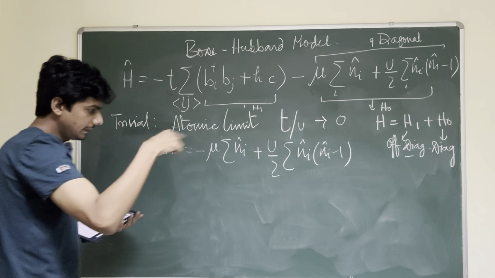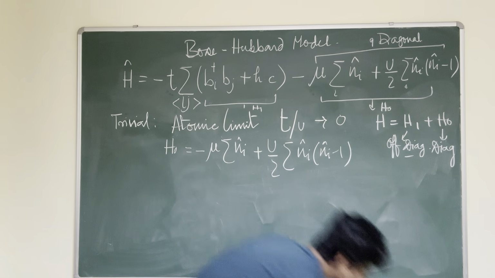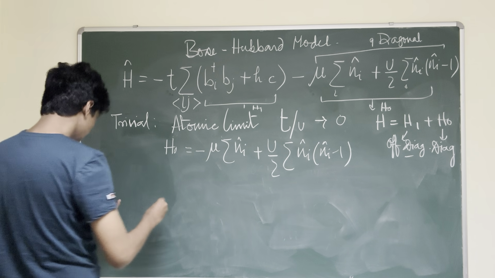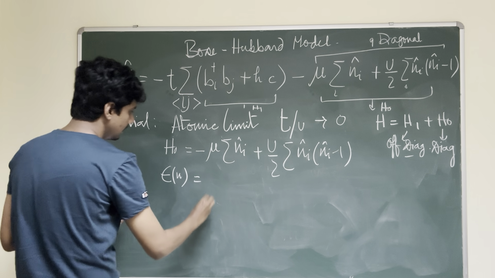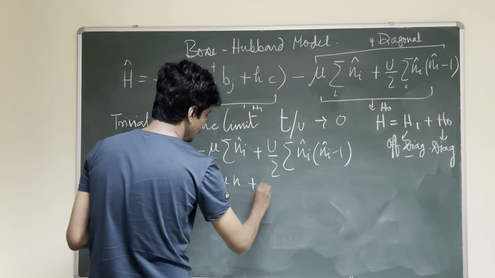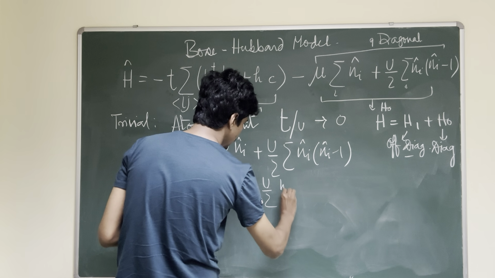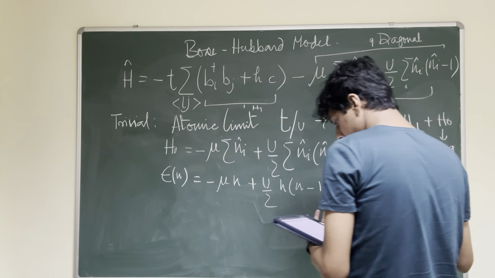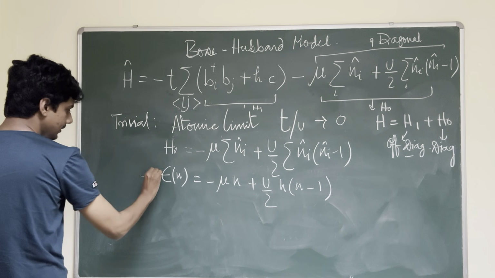If I take the Fock basis, the number basis set, then we find the energy epsilon_n is basically minus mu n plus U by 2 times n into n minus 1, where n belongs to 0, 1, 2 and so on. We obtain the ground state by minimizing this energy eigenvalue.